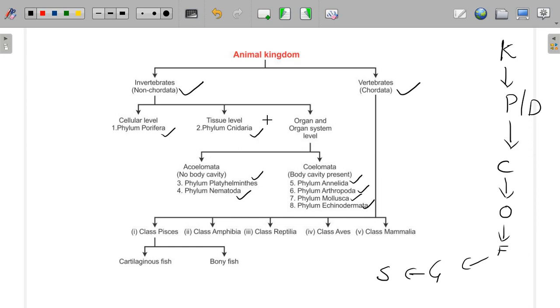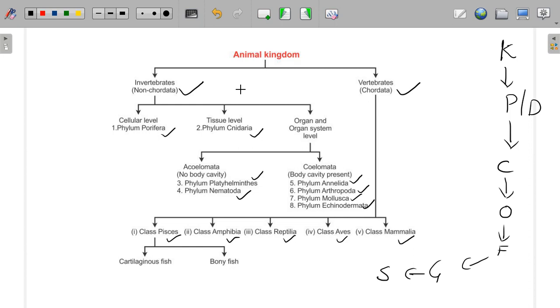You can see the other categorization called chordates, which have classes: fishes, frogs, snakes, birds, and all the mammals coming under a class called Mammalia. Okay, so it is not blindly divided, but based on some features, which we're going to learn in this class.